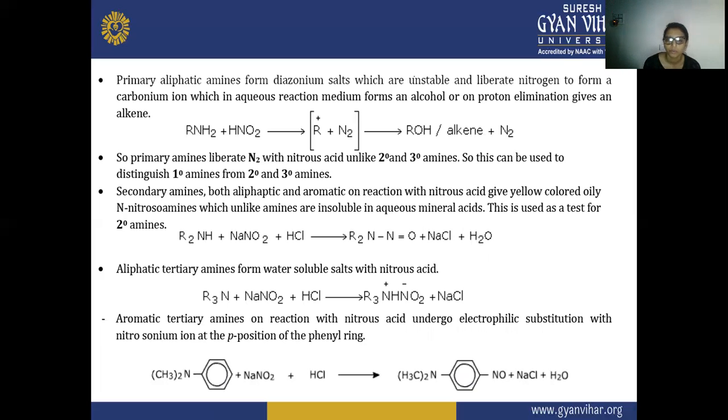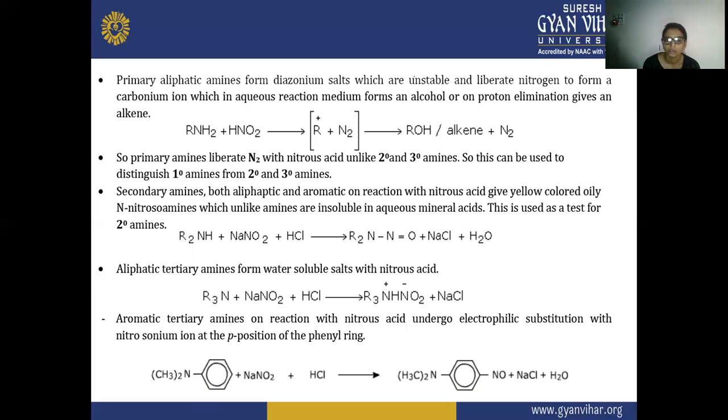And the secondary amine, both aliphatic and aromatic, on reaction with nitrous acid gives a yellow colored oil, a nitrosamine, which, unlike amine salts, is insoluble in aqueous mineral acid, and this is used as a test for secondary amine.